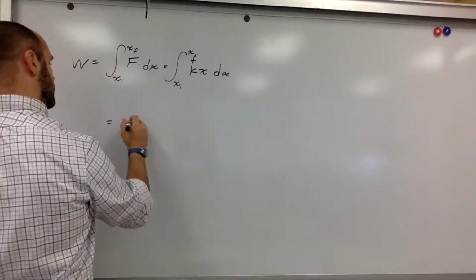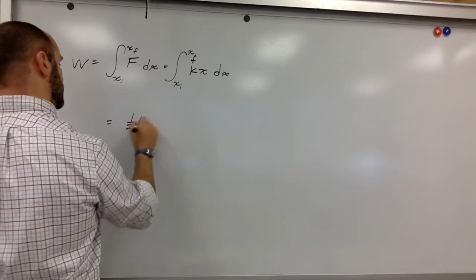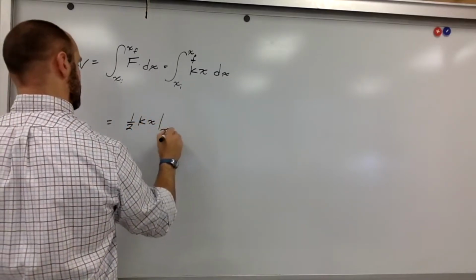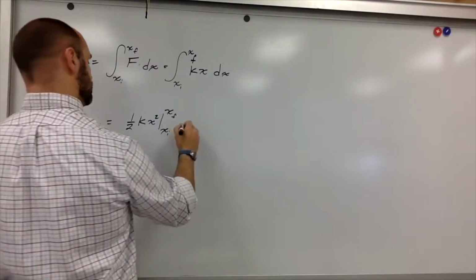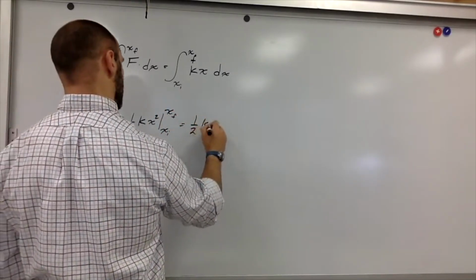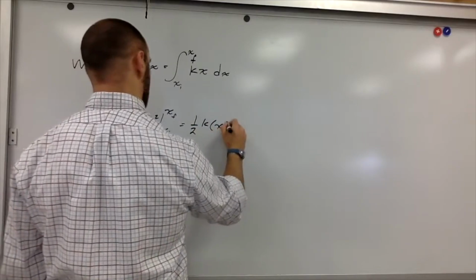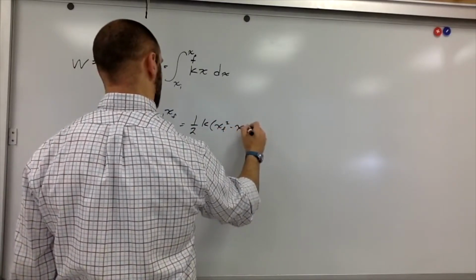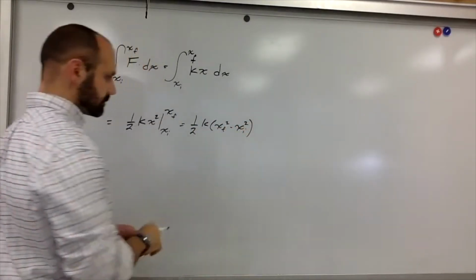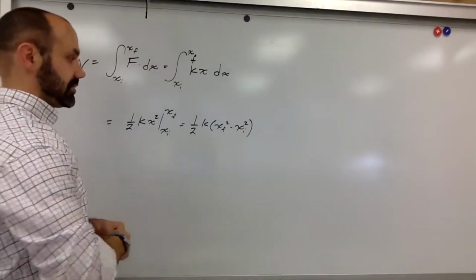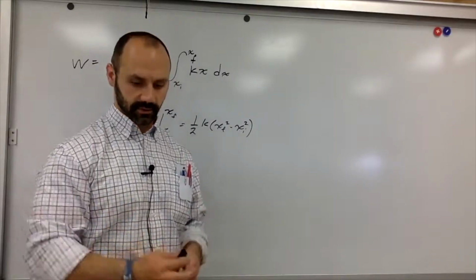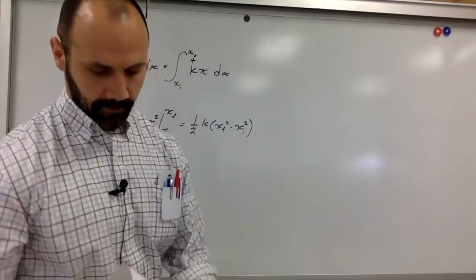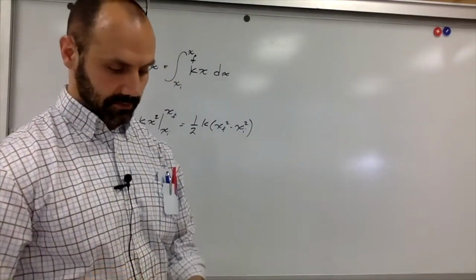That ends up becoming 1/2 kx squared from xi to xf. We substitute in, so it's 1/2 k times xf squared minus xi squared. Notice it's just the difference of the potential energy of a Hookean spring. And so that's where that comes from.